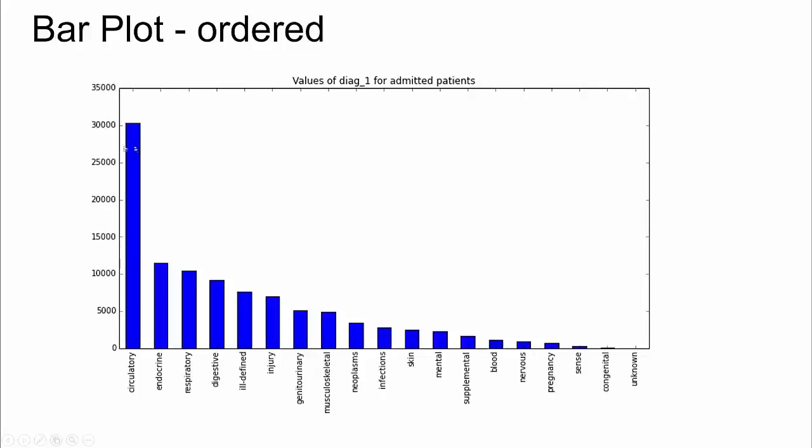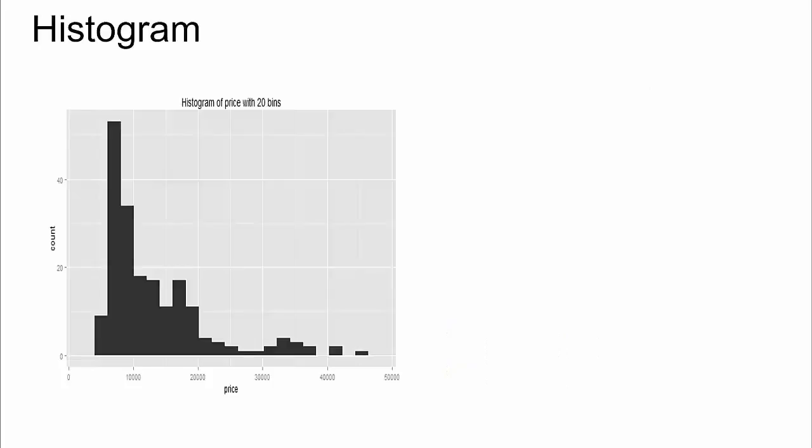And now it's pretty easy to see that circulatory, followed by endocrine, followed by respiratory, followed by digestive, etc., are the reasons that diabetic patients are admitted to hospitals. So again, just a simple aesthetic, just ordering the plot makes it a lot easier to interpret and understand what's going on here. So let's look at a histogram. We've talked about histograms.